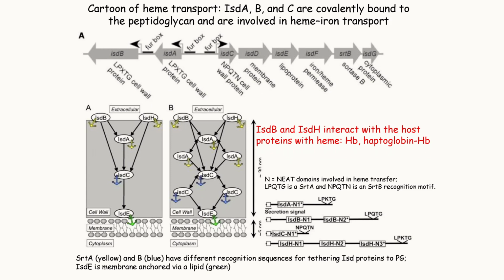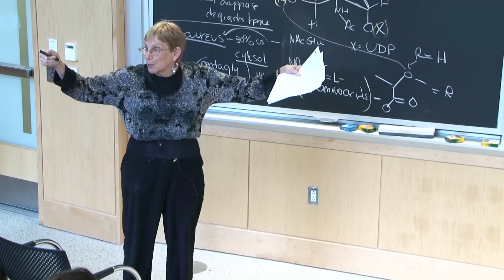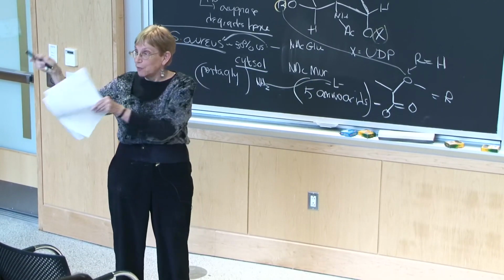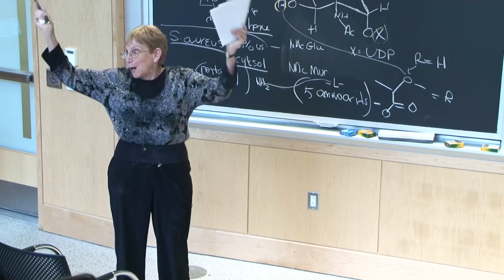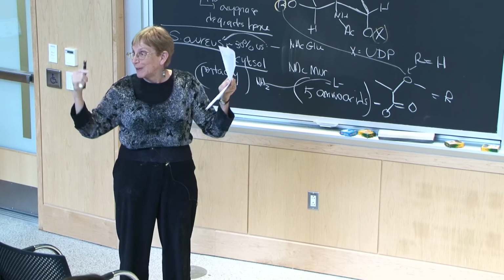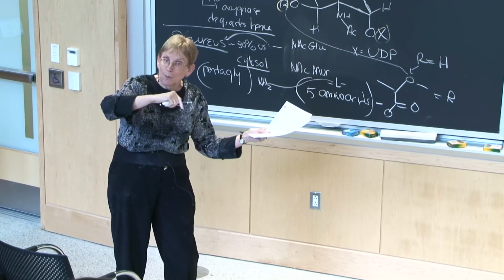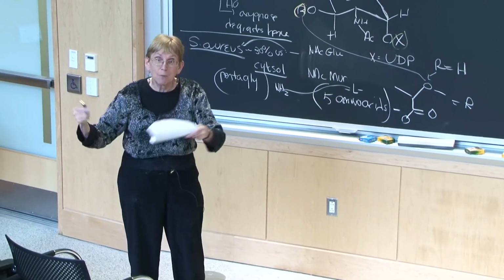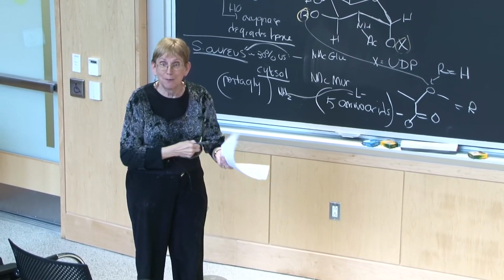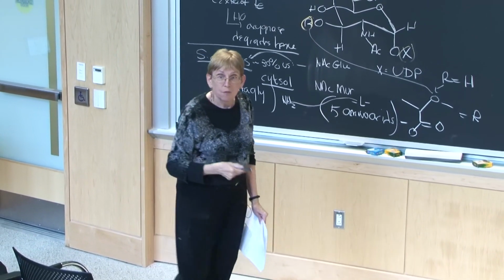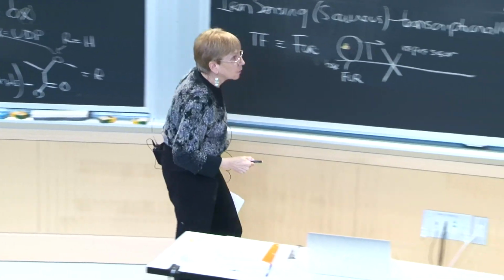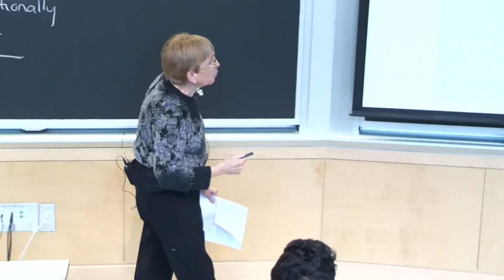And this is a problem that we discussed in the beginning, the importance of exchange ligands, because somehow we're going to have a heme in a little NEAT domain, but it's got to move into the next domain. It just doesn't hop. It's covalently bound. So how do you transfer one heme to the next heme? We have a lot of structural information, but I would say we still don't understand how these transfers actually occur.